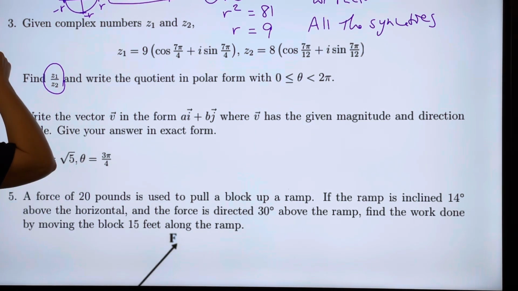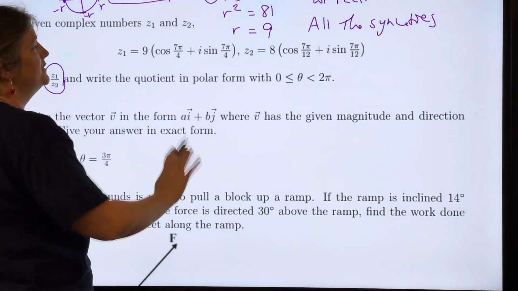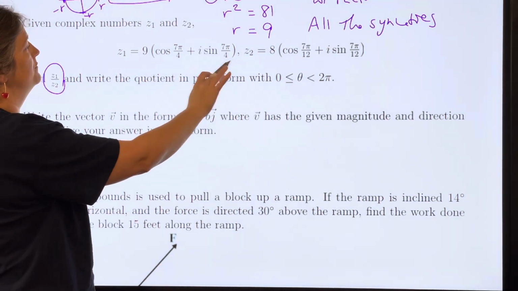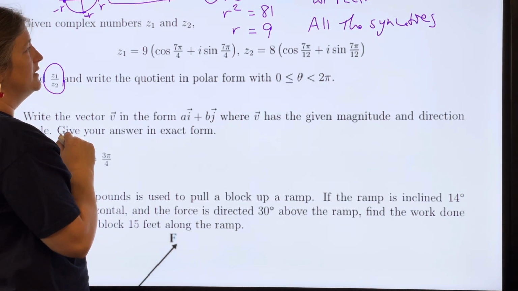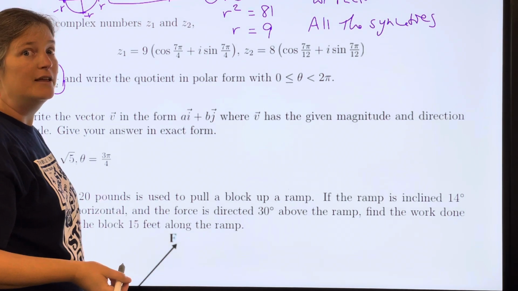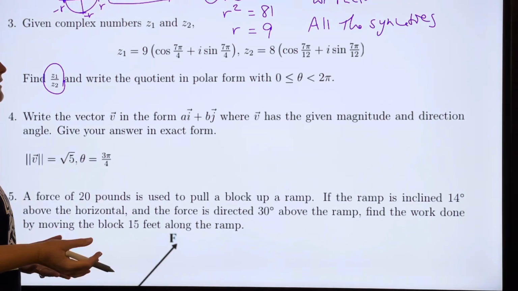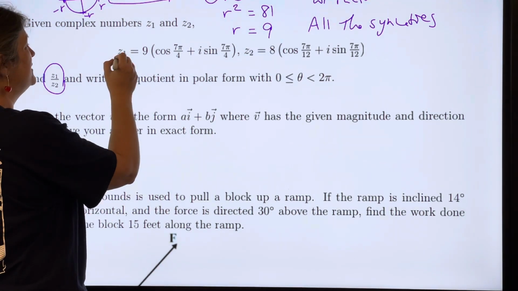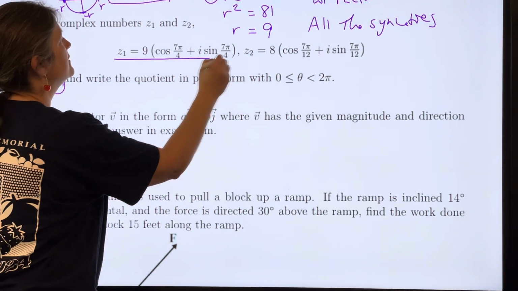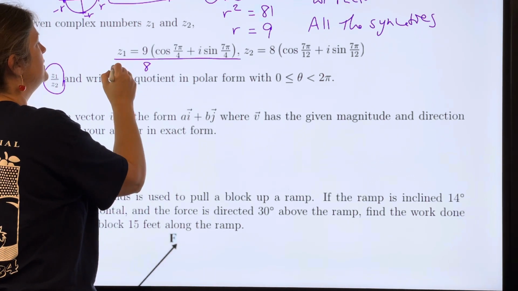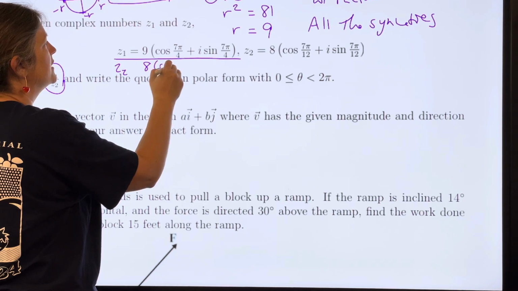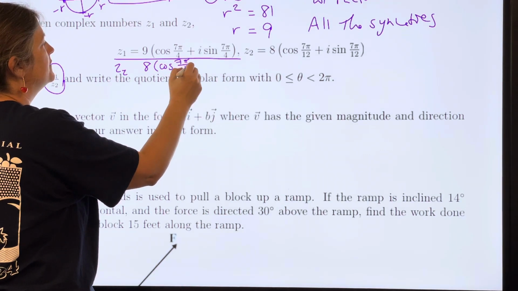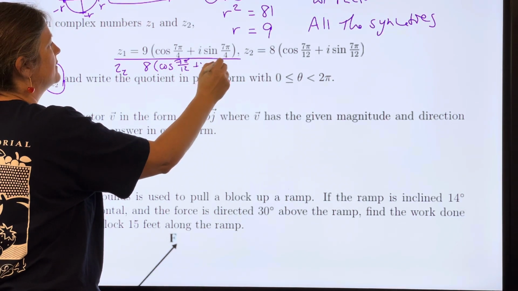Well, when we divide trig forms, the trig or polar forms of a complex number, it's actually easier than dividing the rectangular forms because we divide the moduli. So I'm going to take this and divide it by z2, which is 8 cosine 7 pi over 12 plus i sine 7 pi over 12.